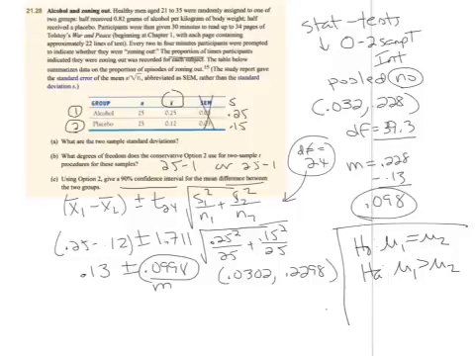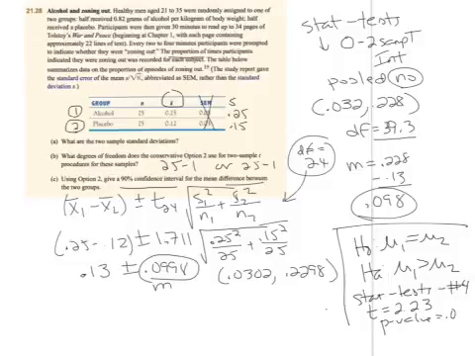So if I actually go on my calculator, remember we do our stat test, and this is going to be number 4. And remember, no pooling. If you go through and actually do this, you'll get a t of 2.23 and a p-value of 0.016.